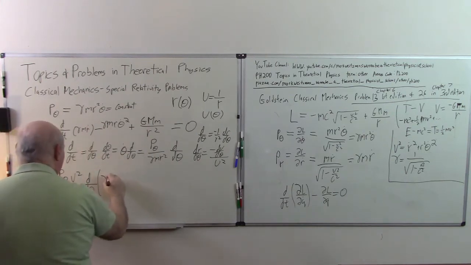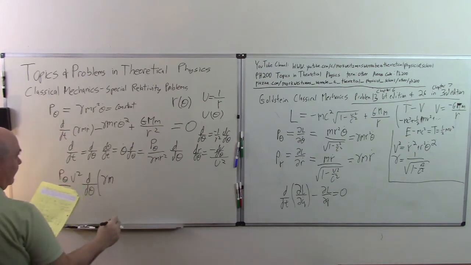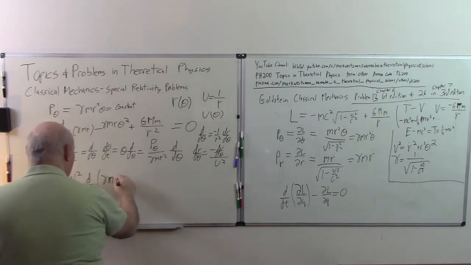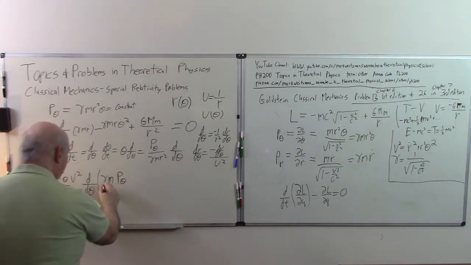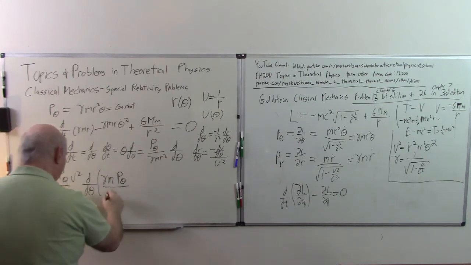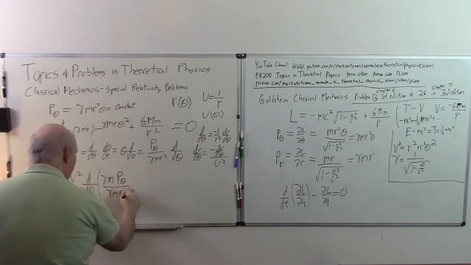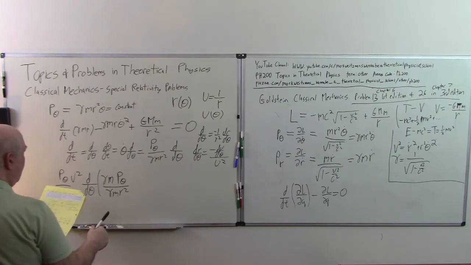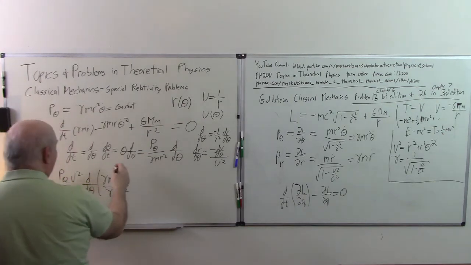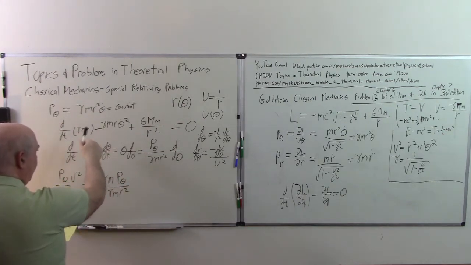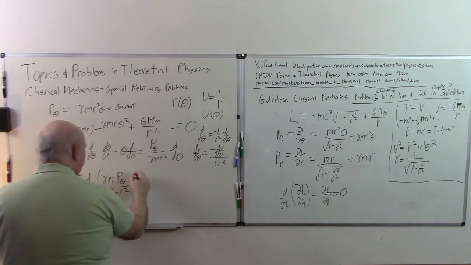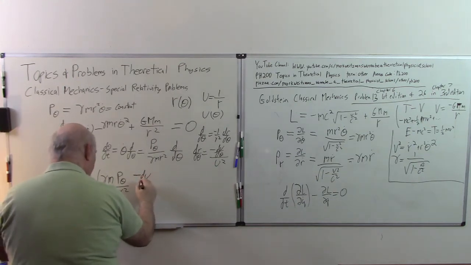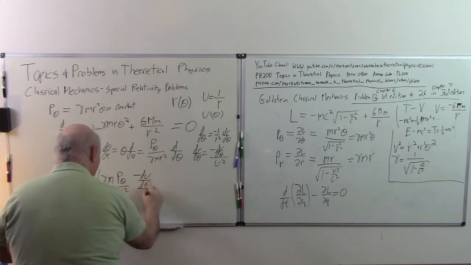We have the gamma m, and now we have the r dot. Well, first of all, we have gamma m p theta over gamma m r squared. And then we're going to have dr/d theta, which is minus du/d theta over u squared.